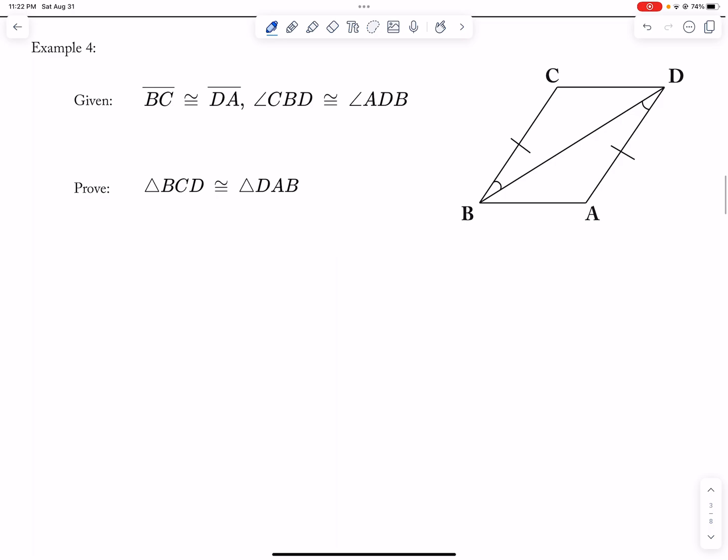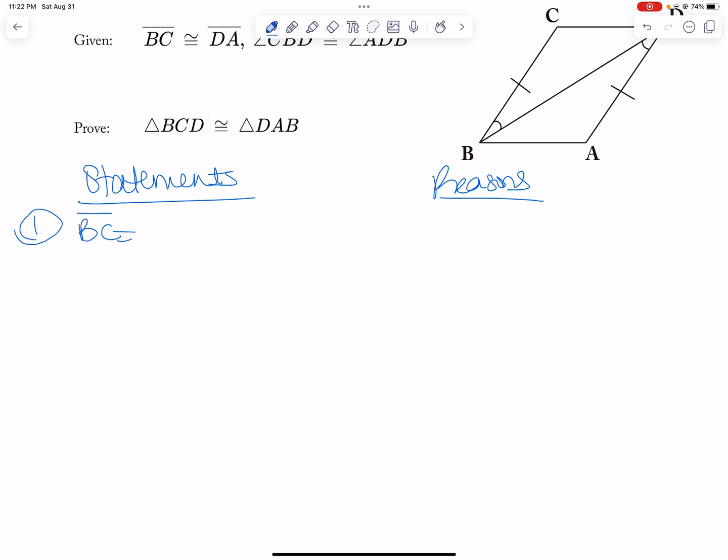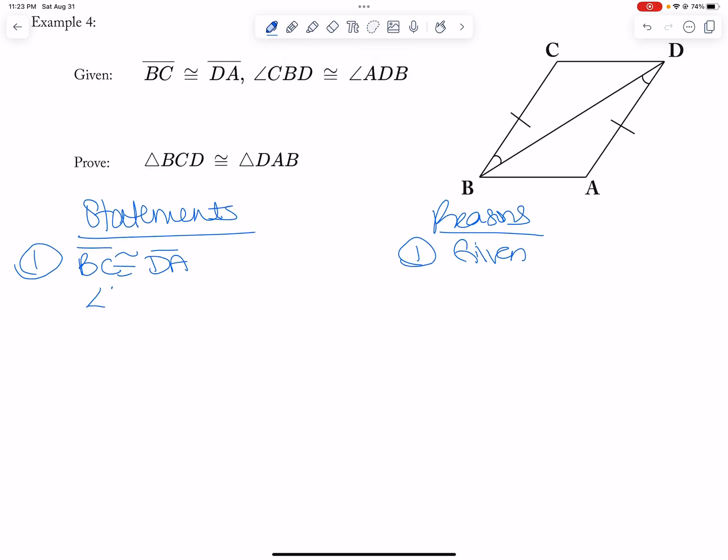Example 4 is a proof. So statements and reasons. The first one is BC is congruent to DA, and that is given. The other thing that's given is angle CBD is congruent to angle ADB. That's also given.